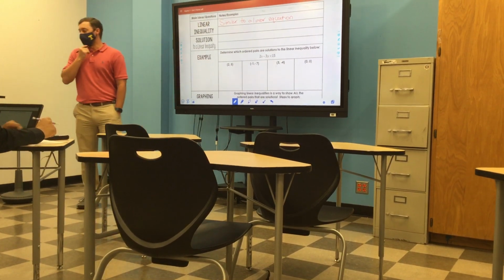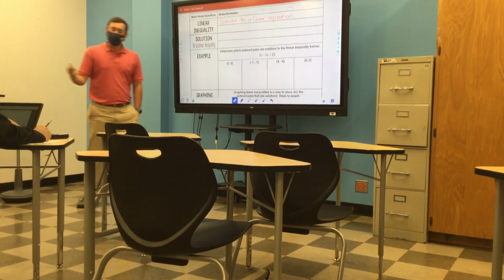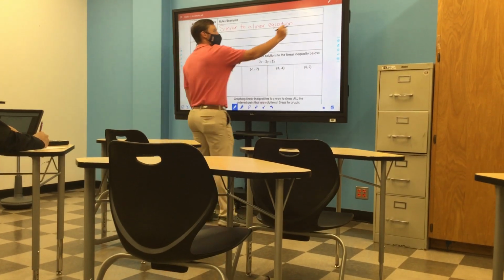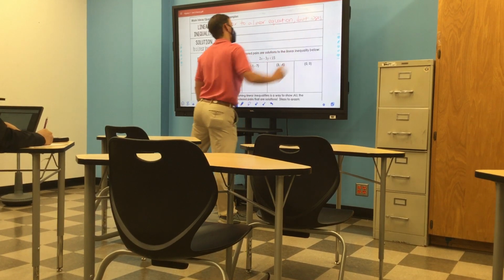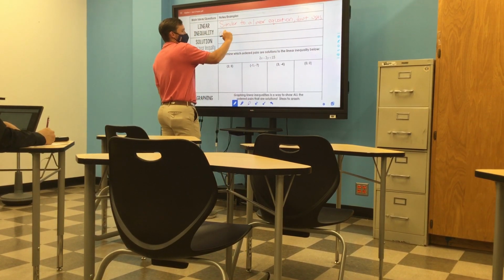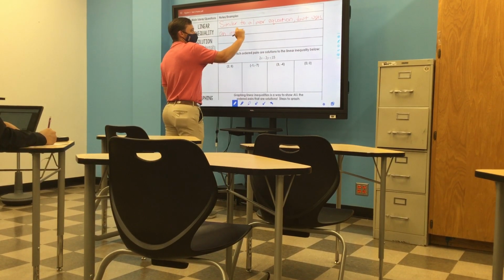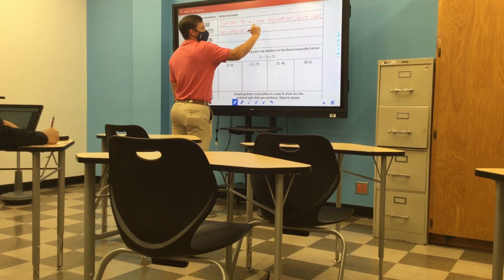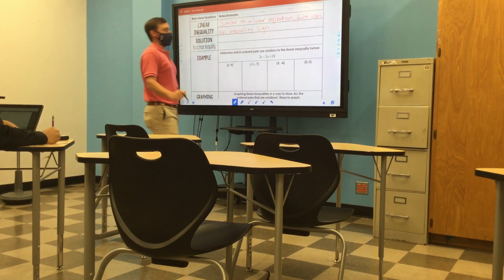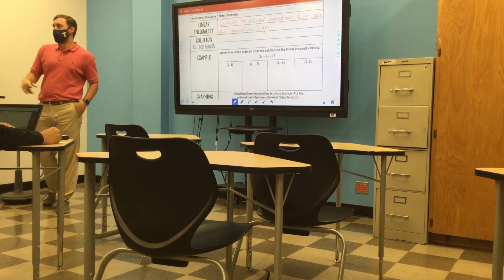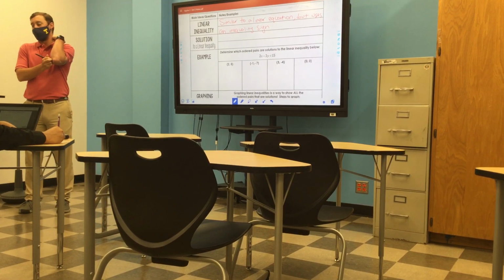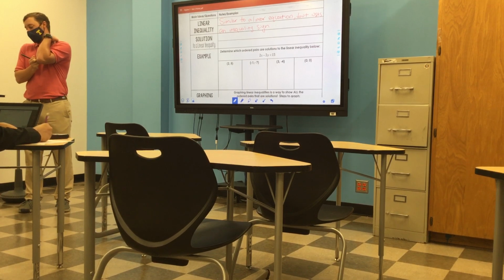Okay, it's very similar there, but instead of an equal sign, it uses an inequality sign. So very similar to the equation. You know, the work's the same. Only difference is you're going to use the inequality sign instead of an equal sign.